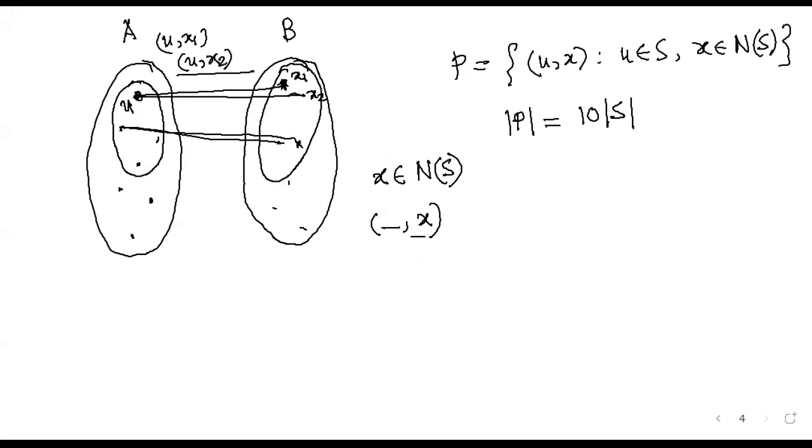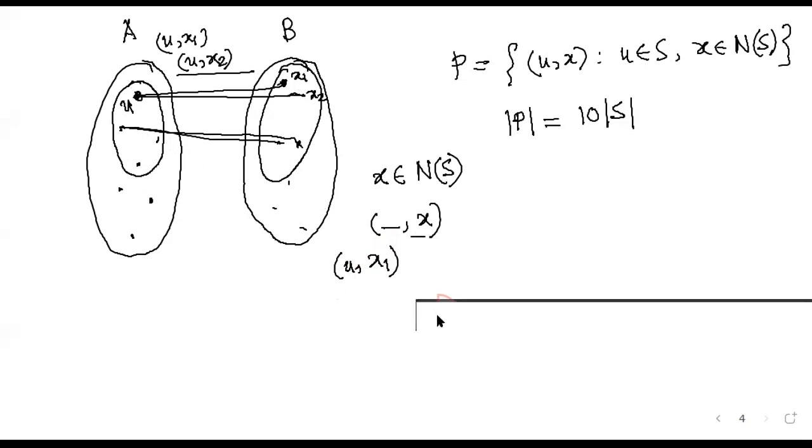Say x1 is your x here, connected to u. Corresponding to x1 you have u x1. There is nothing else here which connects x1 to anything.